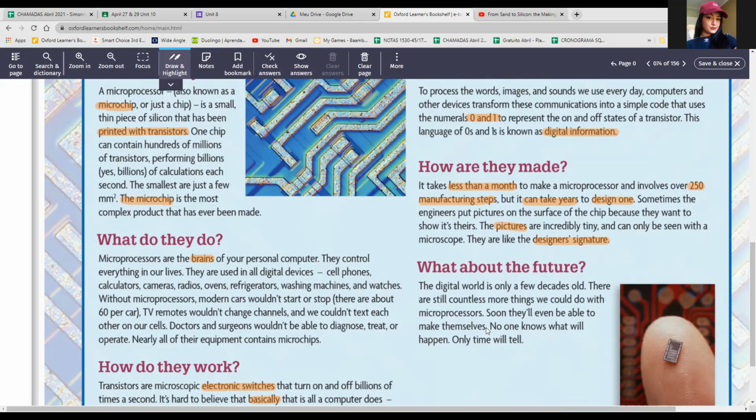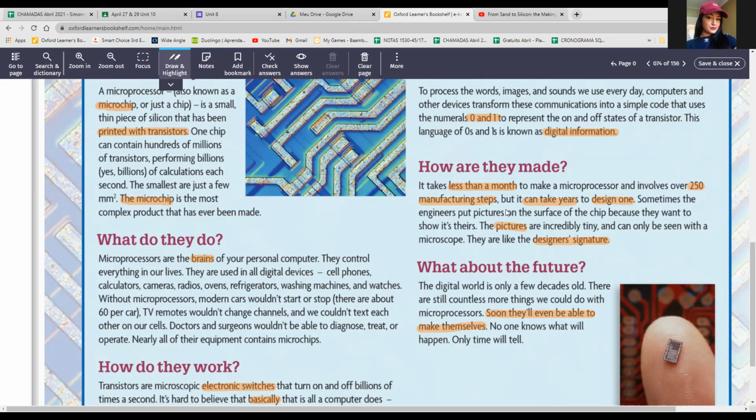This is a very nice prediction. Soon they will even be able to make themselves, so one microprocessor creating another one. I guess this is pretty much true because there are computers that can create other machines, so this is possible, right?